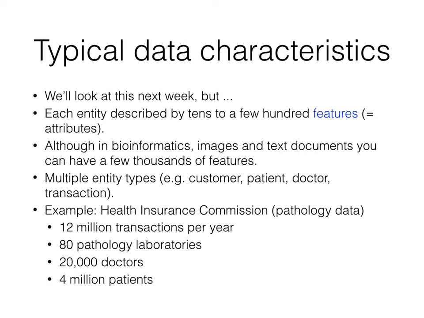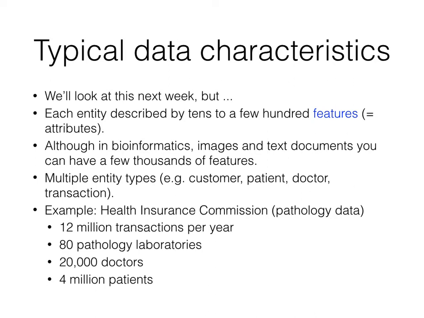A feature is the same thing as attribute, at least in this context. And these are things that we know about the customer. So it might be their name, their address, their age. That said, in methods like bioinformatics, where you're trying to apply machine learning in a biology context, or in image processing or in text, you can have thousands of features.